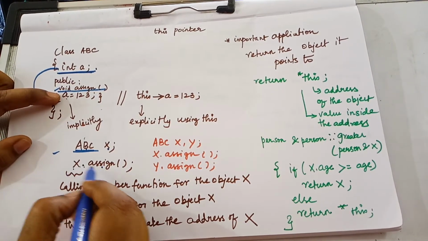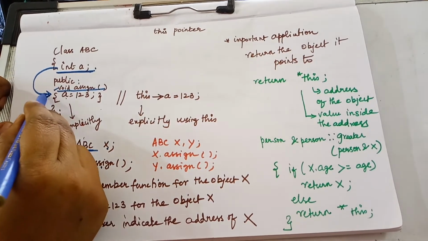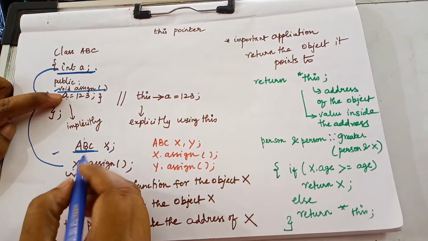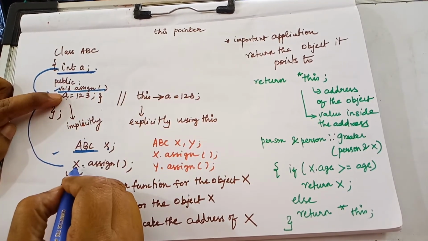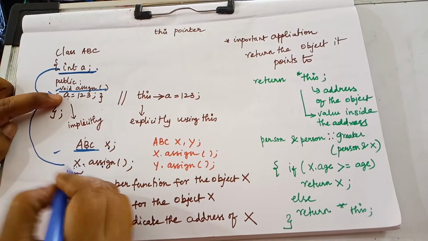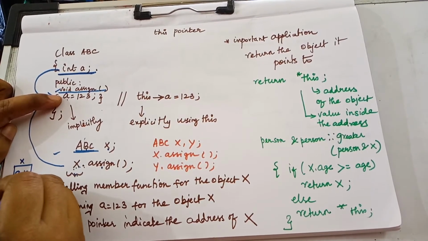So x.assign() automatically calls the member function, and while it is calling, it allocates the this pointer, and for this object, a is stored. So for x, a is equal to 123.